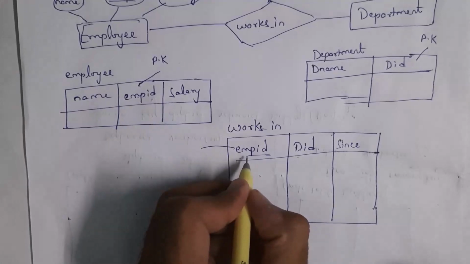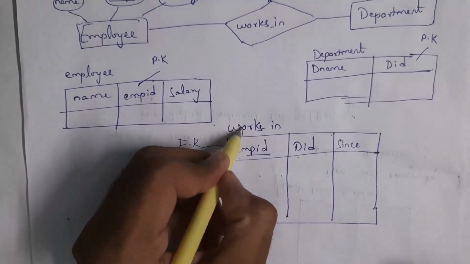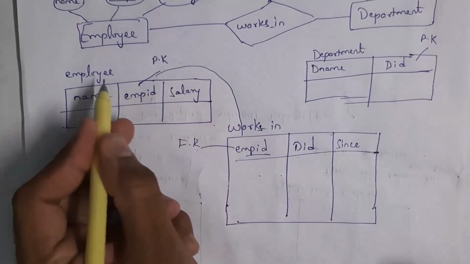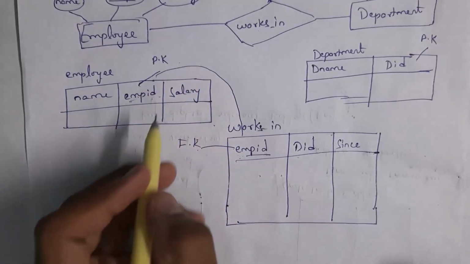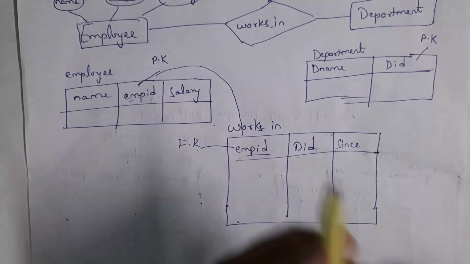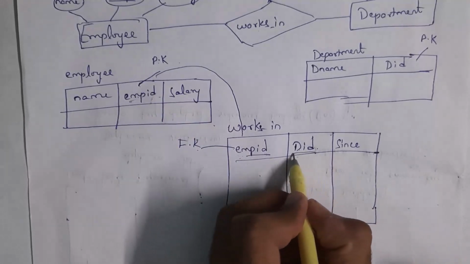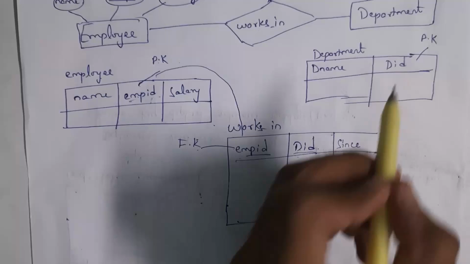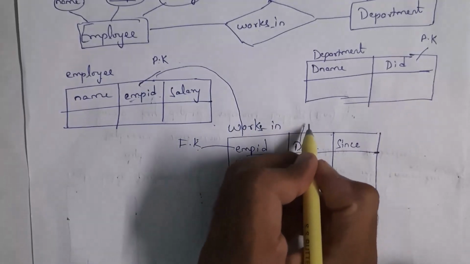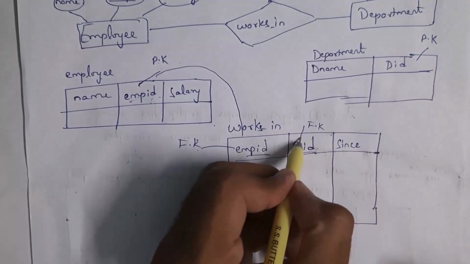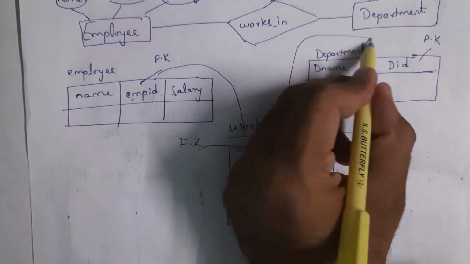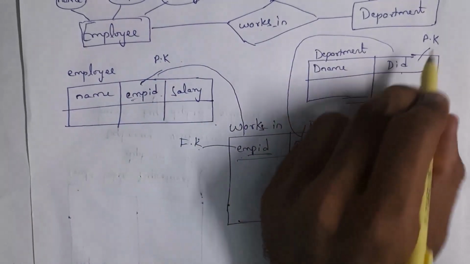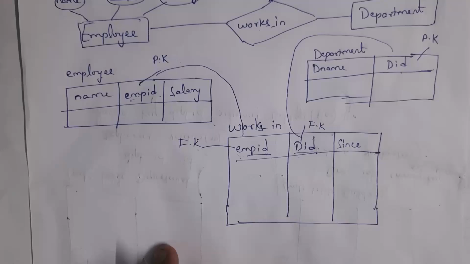So this employee ID acts as a foreign key. This foreign key is connected to the employee table's employee ID column, which is the primary key. And similarly, I took this DID column from the department table's DID column. So this department ID column acts as a foreign key, and this foreign key is connected to the department table's DID column, which is the primary key.